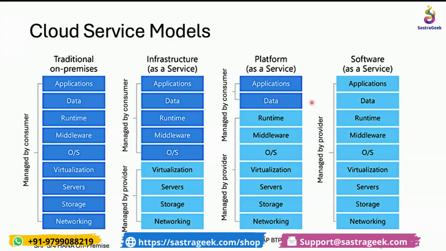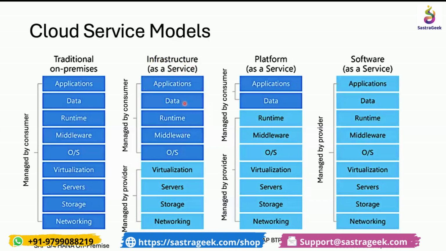Another thing to note is the level of customizations that a consumer can do in all the situations. As we know, in a traditional on-premise, there's a lot of customization. You can do customization from the database level up to your application. The level of customization depends on the kind of licensing that you get for the software.